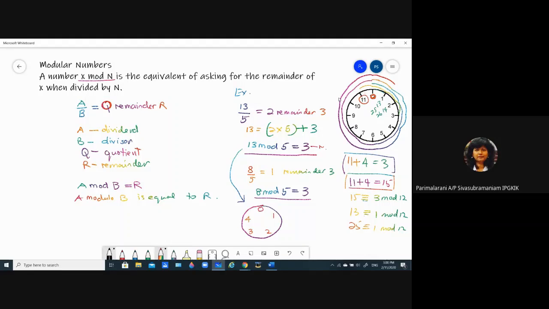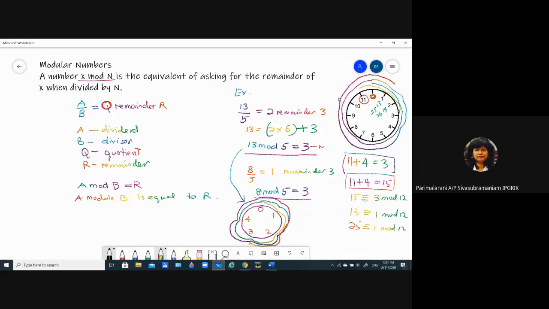So when we say 13 mod 5, 13 divided by 5, we start from 0. 1, 2, 3, 4, 5, 6, 7, 8, 9, 10, 11, 12, 13. So where did we stop? We stopped at 3. Okay, so 13 mod 5 is equal to 3. Okay, 8 mod 5.